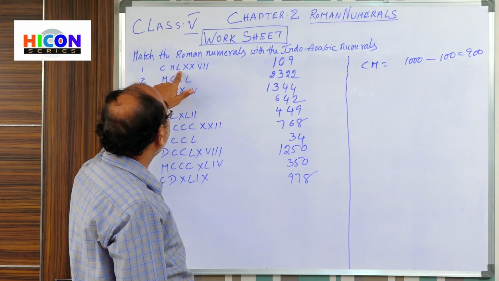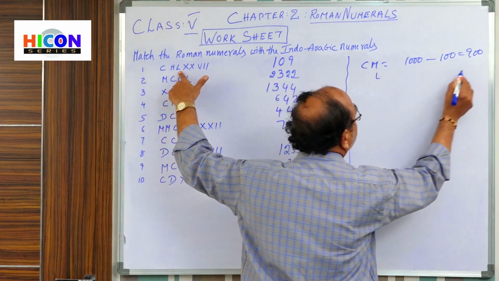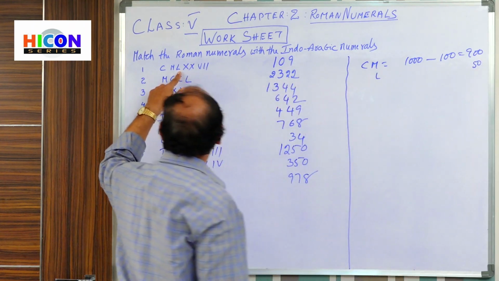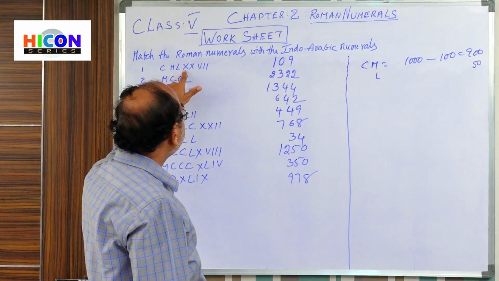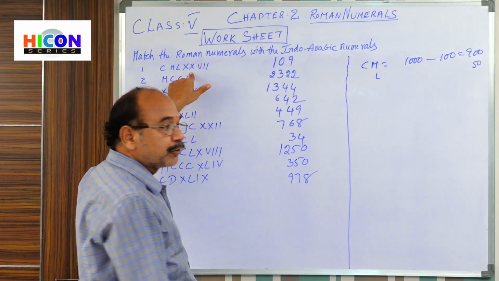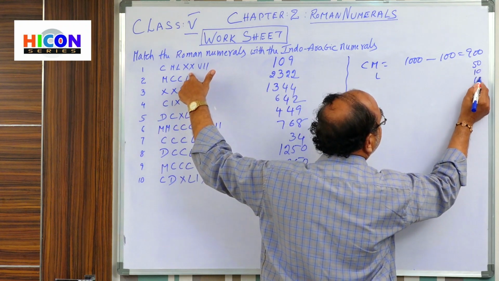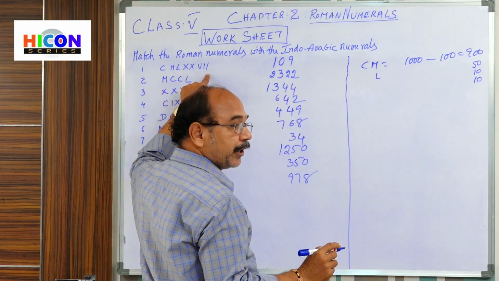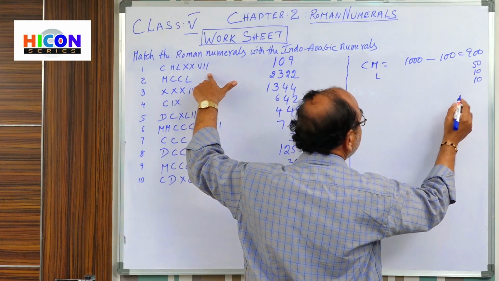Now, L is 50. Now come to X. X is repeated 2 times, that means 10 plus 10. VII means 7.